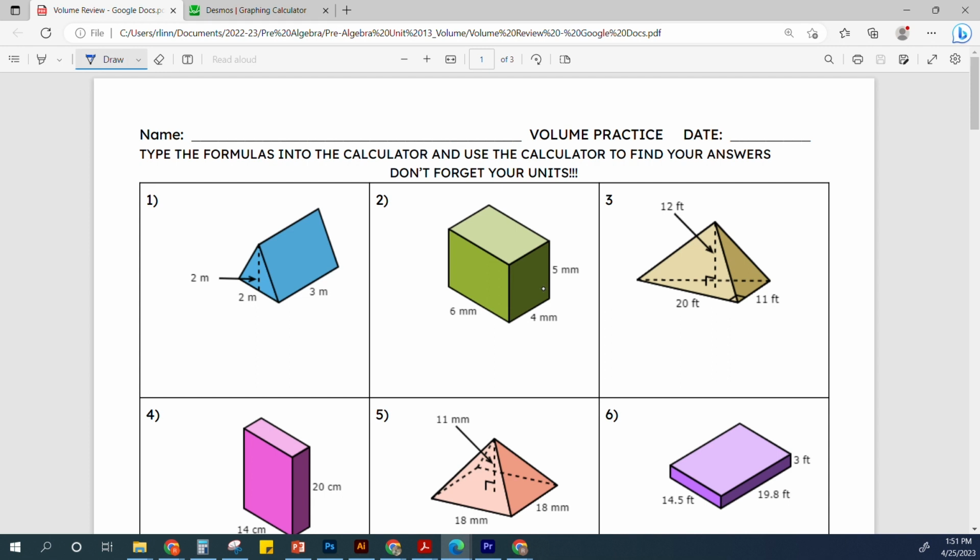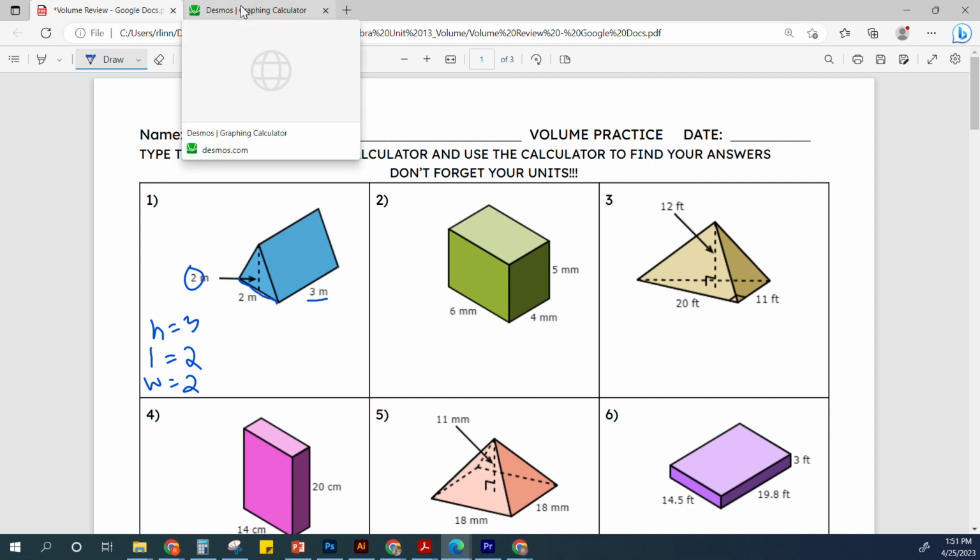So I can see here that we have a prism height of 3, and then the base of my triangle, we'll call that the length, is 2, and then the other dimension, the width or the height of our triangle, is also equal to 2. So we have length is 2, width is 2, and height is 3.